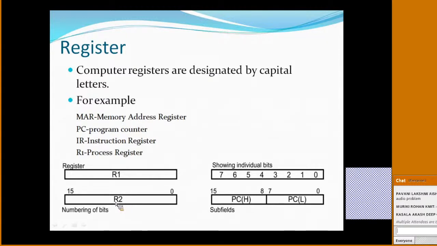Here this is my register R2 which is of size 16 bits. So mention the size as 0 to 15.